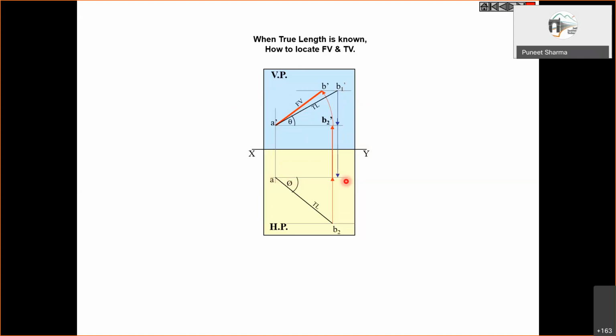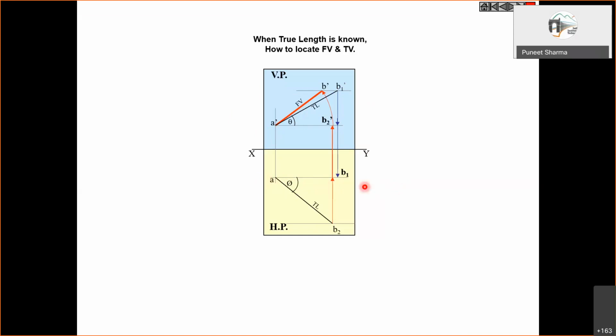That's what we have seen earlier: if the line is parallel to the vertical plane, we get true length and true inclination, and the top view remains parallel to the XY line. Using this, we get this B1. So this gives us the length of the top view.